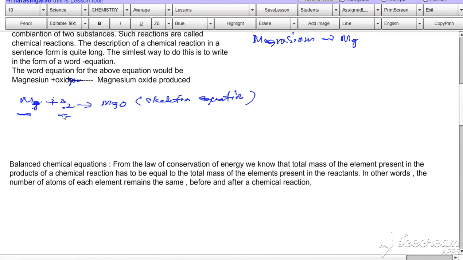When they combine, the resulting product is shown with an arrow, which means it is producing MgO, magnesium oxide. So these are the reactants, on the left hand side, LHS, and the products are on the right hand side, RHS. The reactants are written on the left hand side.